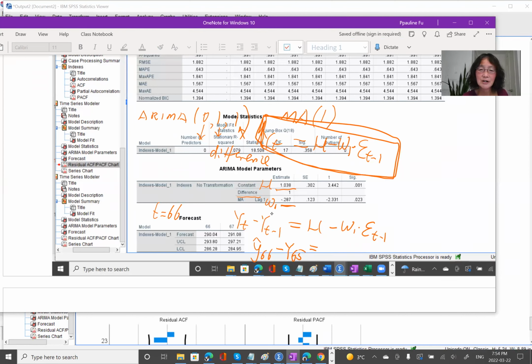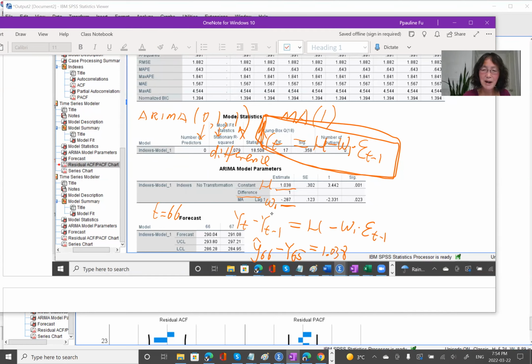Mu is not the earlier value; we are doing MA. Mu is equal to 1.038. Omega is negative 0.287.